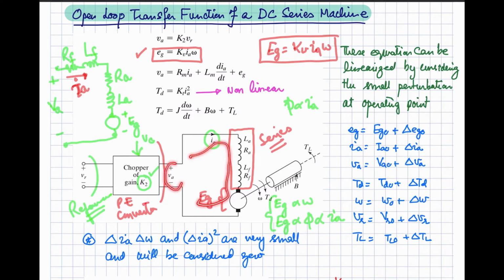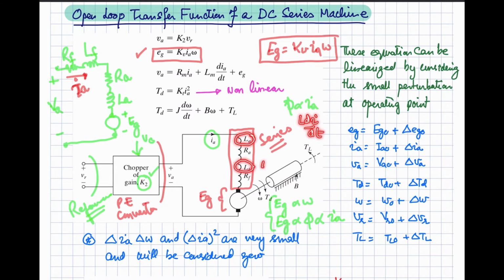So this applied voltage VA must be equal to the voltage across the resistance of this winding, that is RA plus RF, and let's suppose that is equal to RM. That is shown over here. RM into IA is the voltage across the resistance, and then L dI/dt is the voltage across the inductor. There are two inductances over here, the armature inductance and the field inductance.